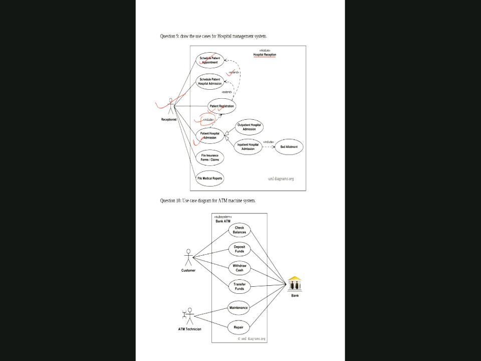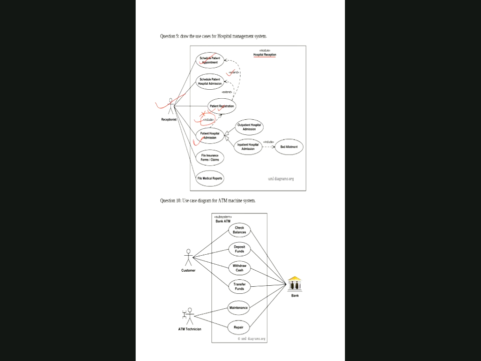But first aid, he will be admitted and given first aid. Till that happens, they will do registration. So it is included, not extend. If you write extend, it means the rules of hospitals here in Saudi Arabia are not met. So it is mandatory. You have to write include here.